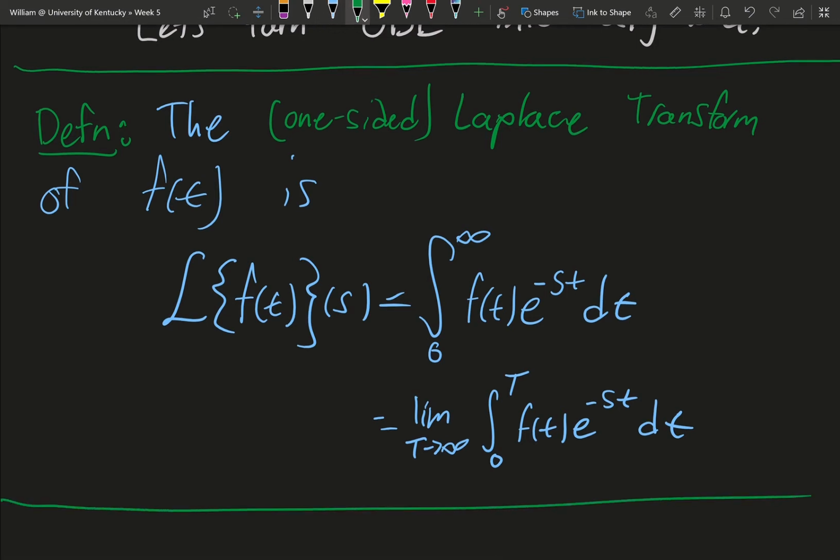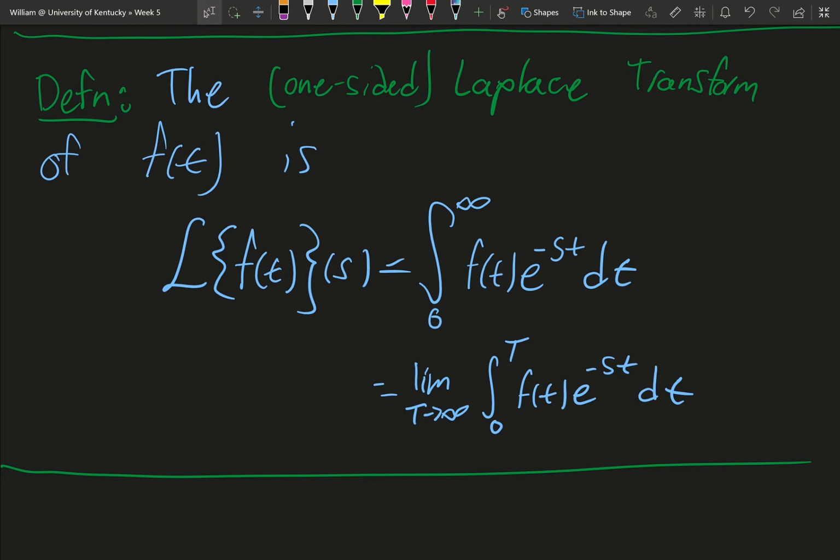All right. So let's look at our first example. Let's compute the Laplace transform of 1.